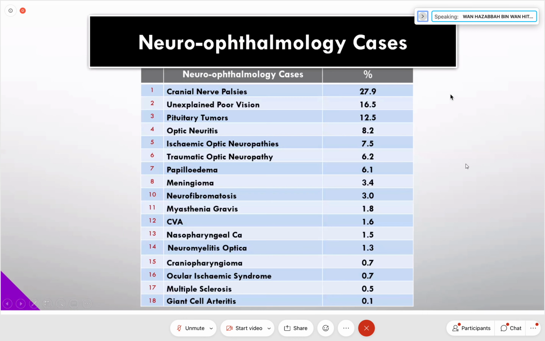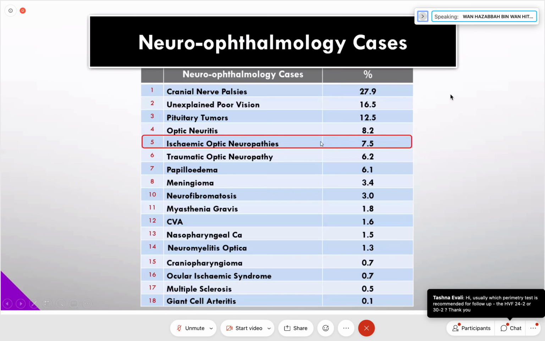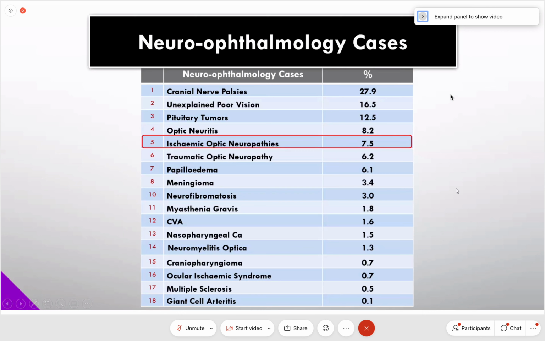What we encounter in our clinic is that ischemic optic neuropathy is quite common actually. It's fifth on the list. So we're going to see more and more patients in future. The rarest one here is GCA.